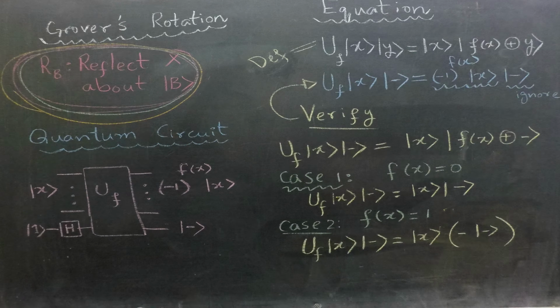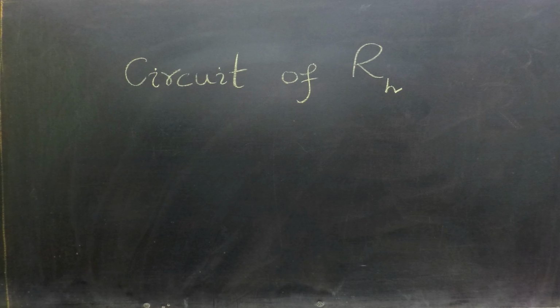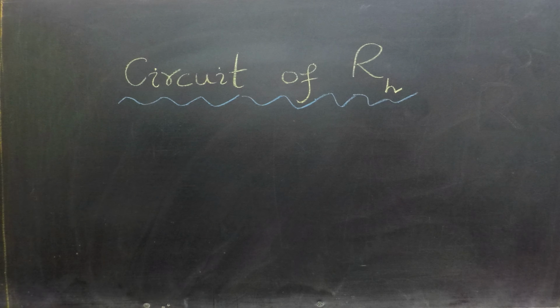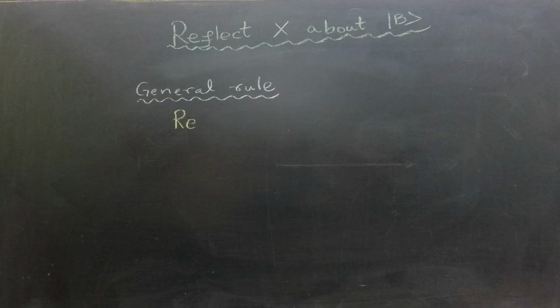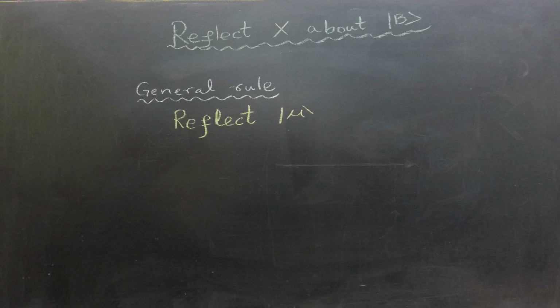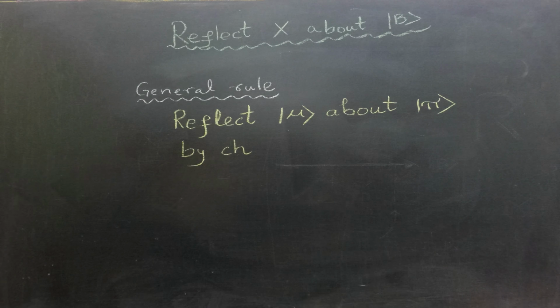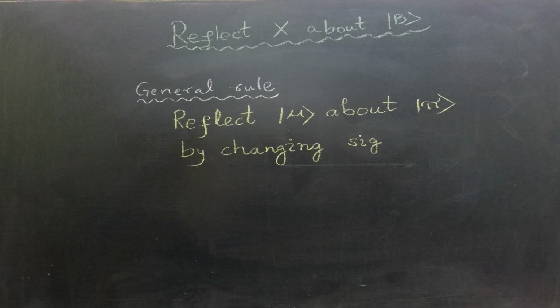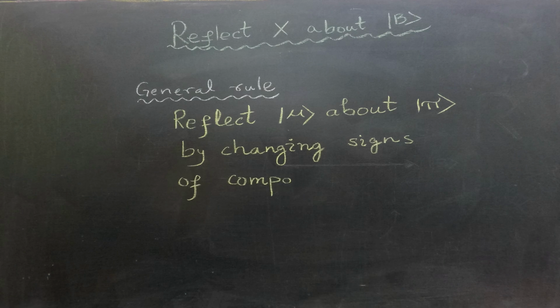Finally, we need to design a quantum circuit for reflecting x about ket h. Once again, we will apply our rule, which is we can reflect ket mu about ket pi by changing the sign of its components orthogonal to ket pi.